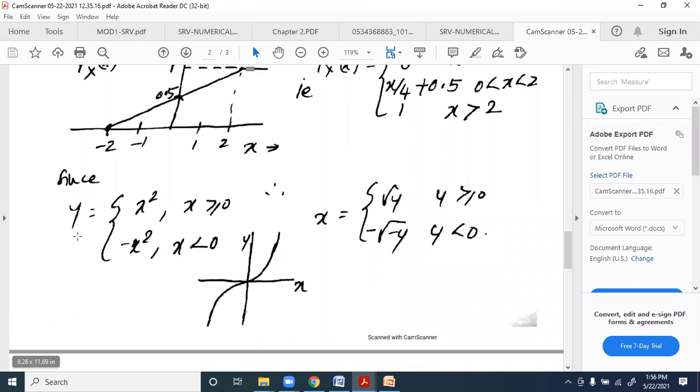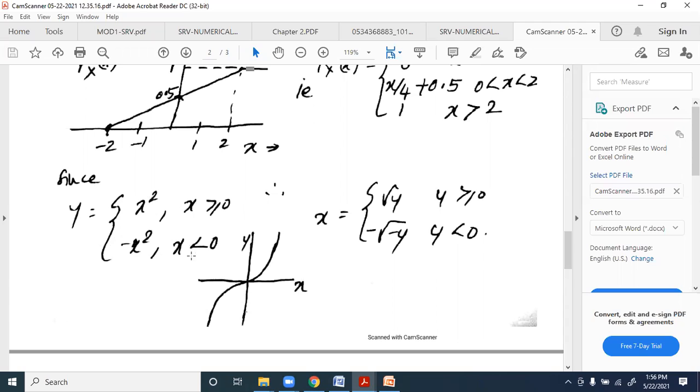Now we are given the value of y as x squared for x greater than or equal to 0 and minus x squared for x less than 0. Having written this, naturally, the figure corresponding to this will be something like this. If x is positive, that is on this side, the value of y is x squared, which will go on increasing like this.